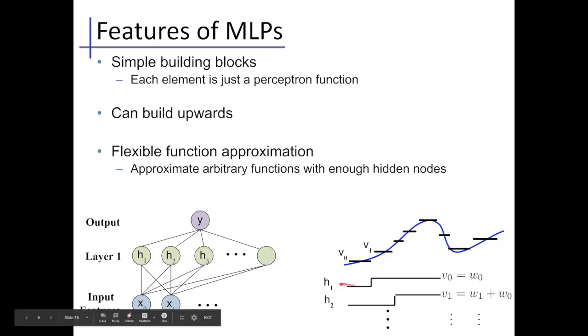For h1, I choose v0 to be the weight from h1 to y. And the weight parameter from h2 to y, I choose to be the difference between v1 and v0. By doing that, if I add them together, I get v1 to be w1 plus w0, exactly this value. And so on. So you can see the idea.